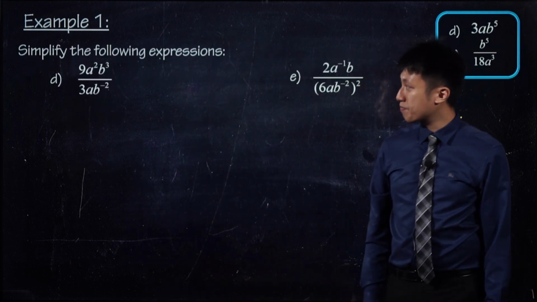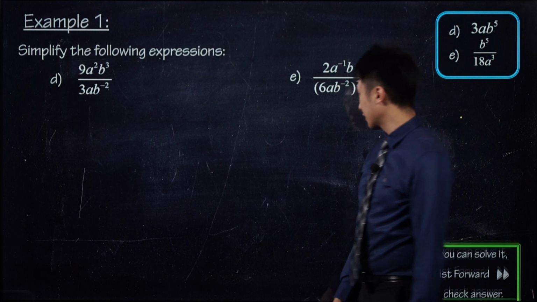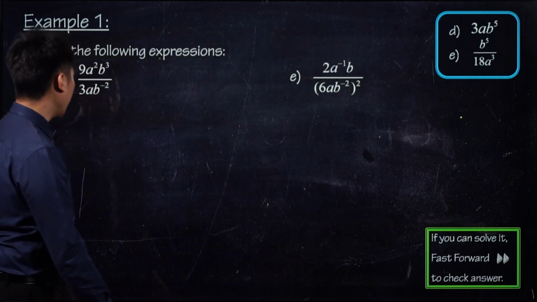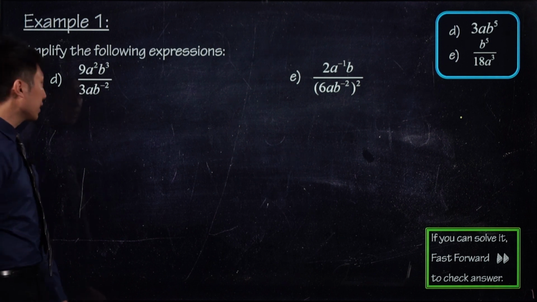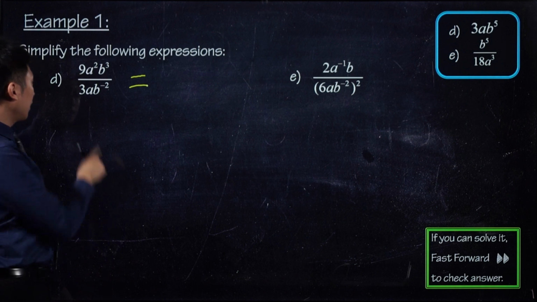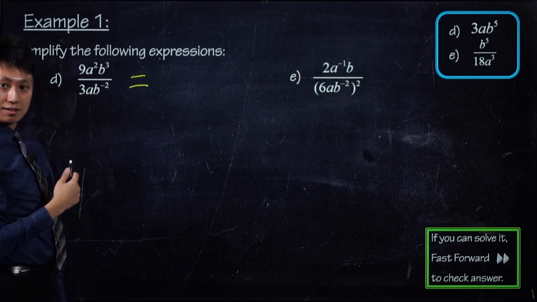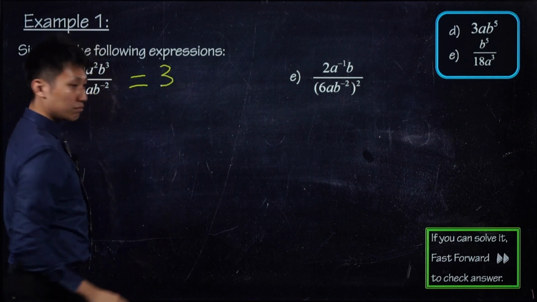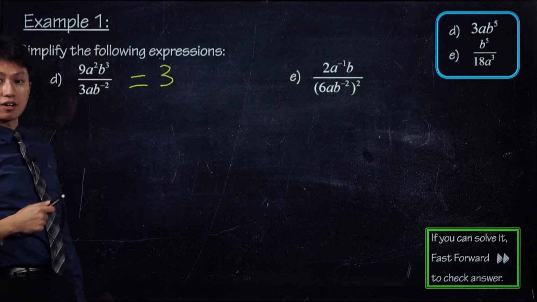Right, so try this. The answer is given here. If you can do it, then you skip it. Here, I'm going to do the same thing. 3 and 9, you can cancel them off. What does it give you? 3. So I write 3 here. Then I just ignore the constant term.